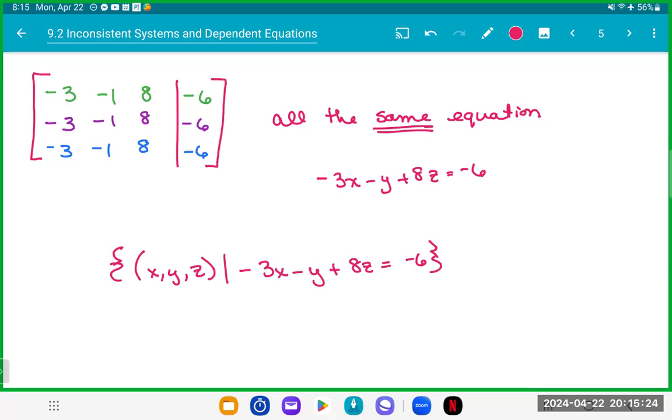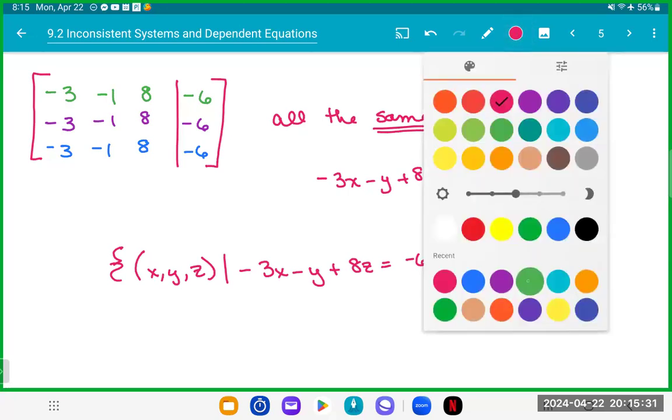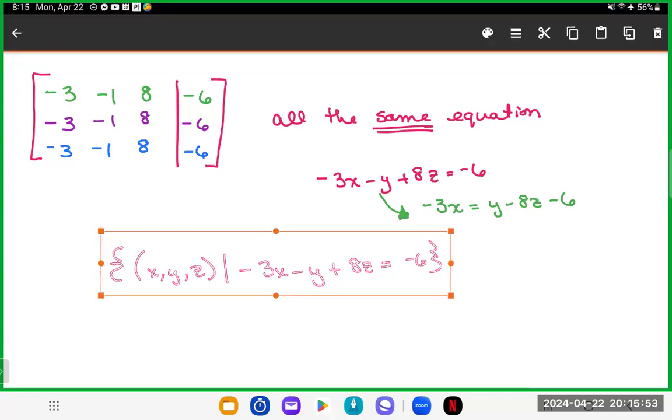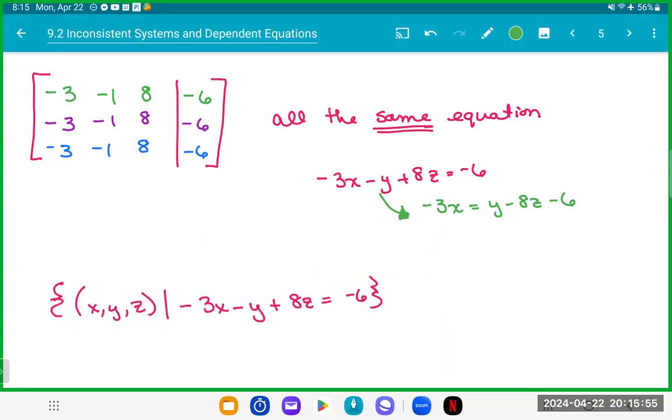Or if we wanted to solve it for x, right? If we had solved this for x, that would have been negative 3x equals y minus 8z minus 6. And then we could divide everything by negative 3, right?